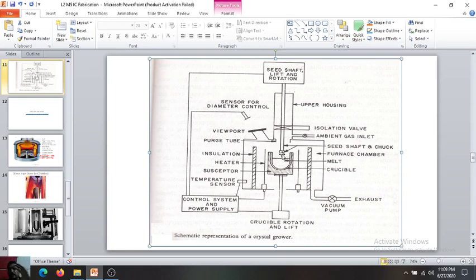Here we have a big furnace, and we melt all the electronic grade silicon inside this. Then we take the seed crystal inside this and rotate it, and at the same time we rotate the furnace in the opposite direction. So what happens?